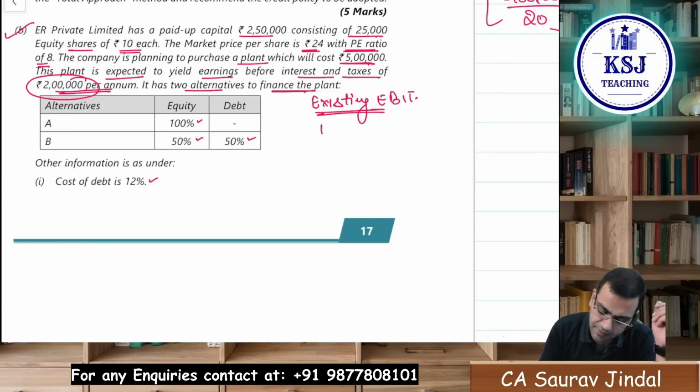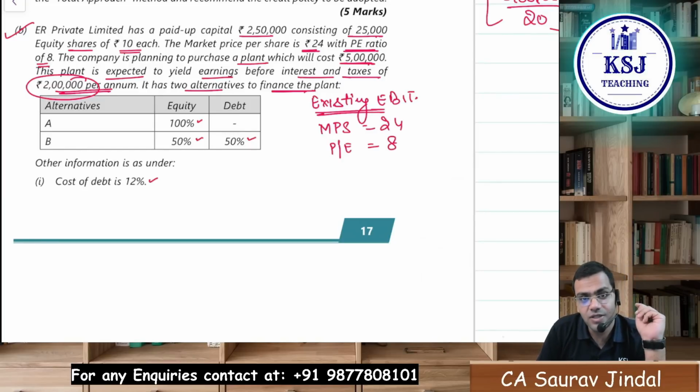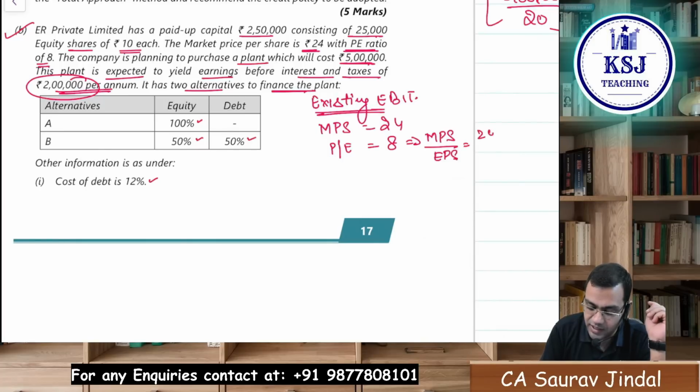Sir, what is the market price existing that is given to you? 24, sir. What is the PE ratio that is given to you? 8, sir. What you can calculate using this? PE ratio is MPS divided by EPS. Now PE ratio you have, MPS you have, 24 divided by EPS. So can you calculate EPS from here? Yes, sir. EPS will be 3.